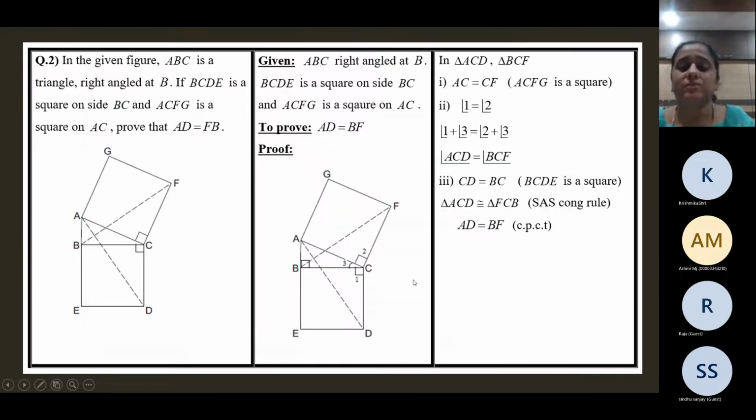Yeah, children, my question, please answer. Will the sides of the two squares be equal? Or we can't say. Yeah, that also can be an answer. We can't say.